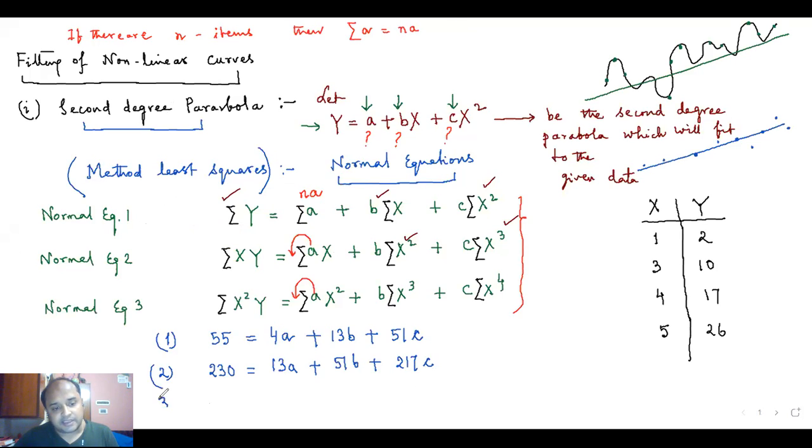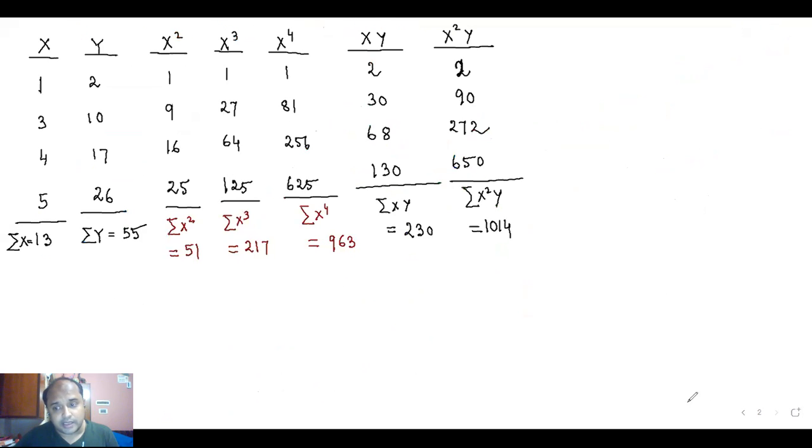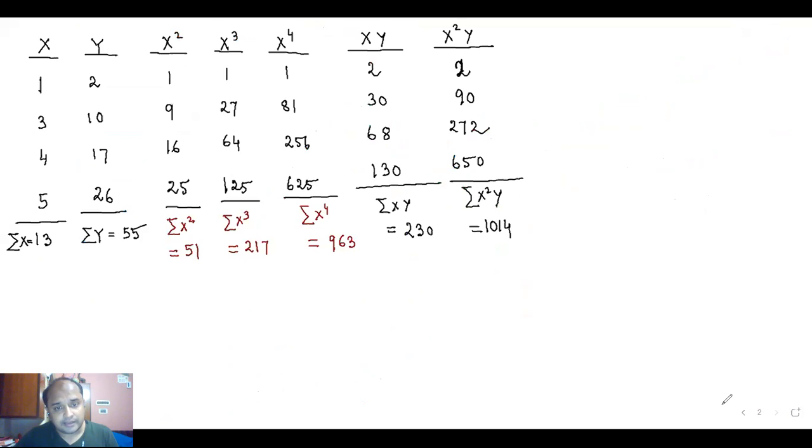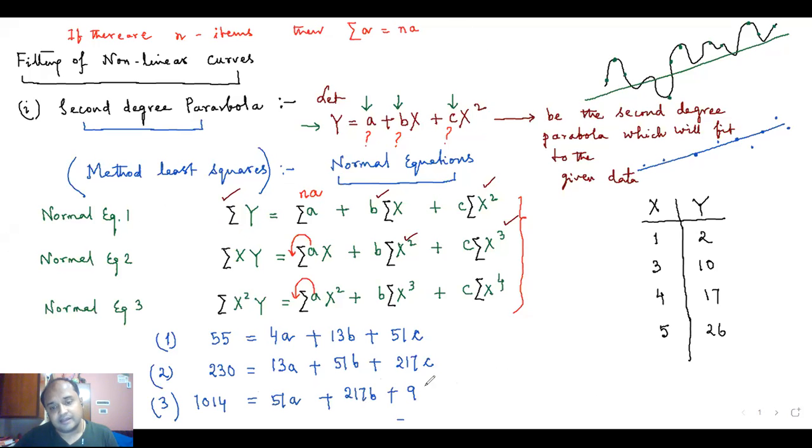And number 3 is summation x square y, that is 1014, equals A summation x square, 51A, plus B summation x cube, that is 217B, plus C summation x to the power 4, which is 963C.